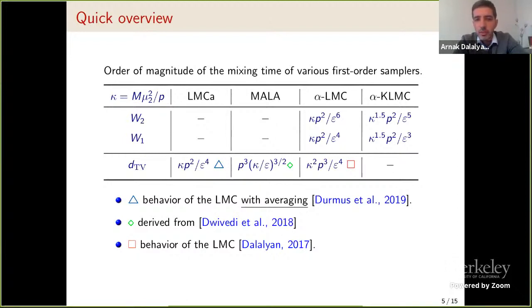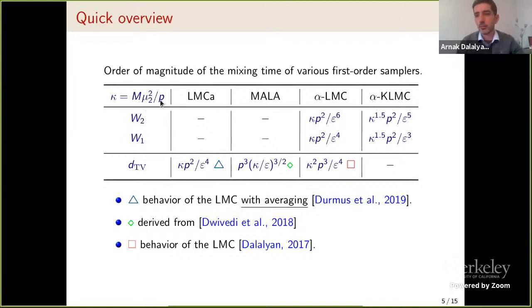And this table here describes very quickly how this quantity k depends on dimension p, the precision epsilon, and the condition number kappa. You can see in the top left corner of the table the definition of the condition number kappa.